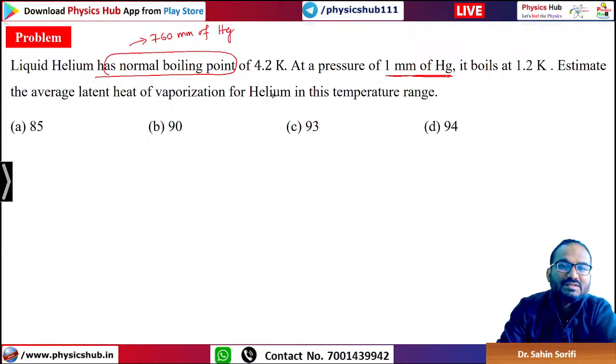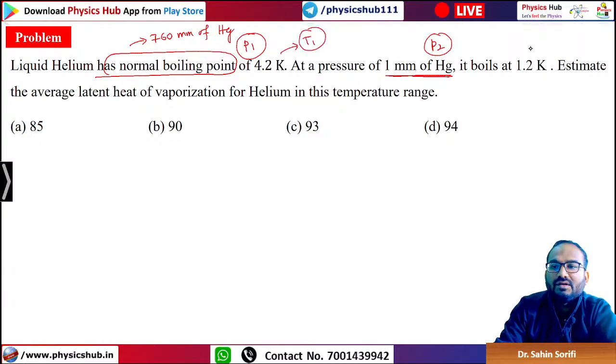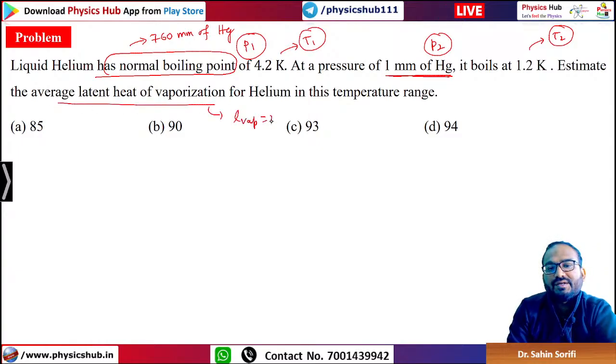So P1 is 760 millimeter of Hg, P2 is 1 millimeter of Hg, it's T1 we can say, and this is T2. So you have to find an average latent heat of vaporization, meaning L vaporization you have to find out. Will you not be able to do it?